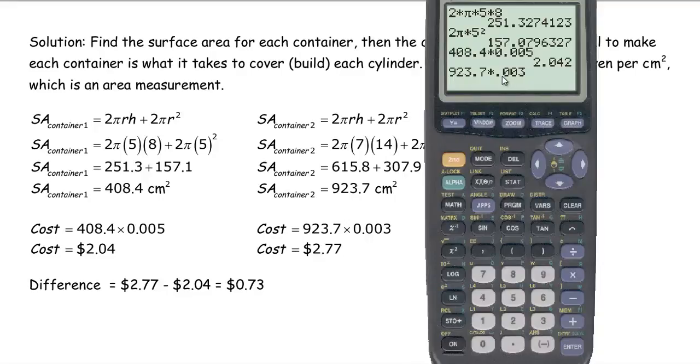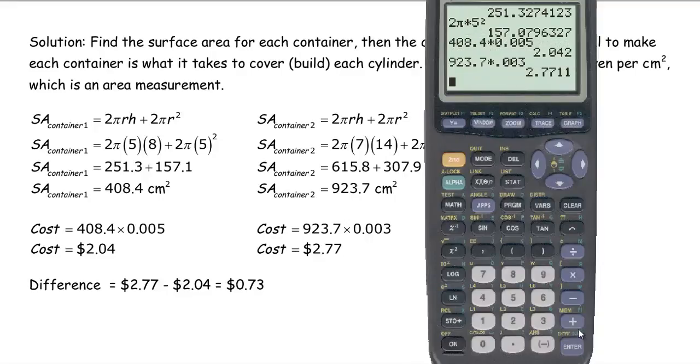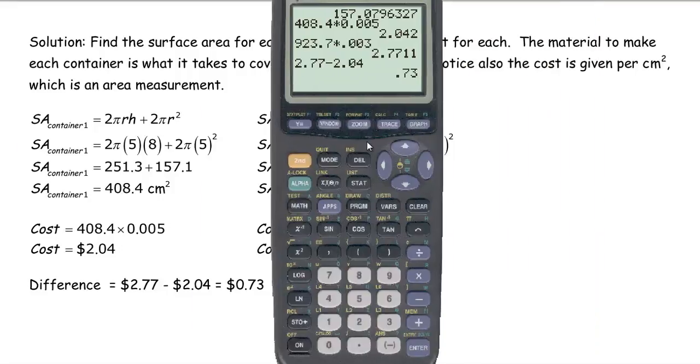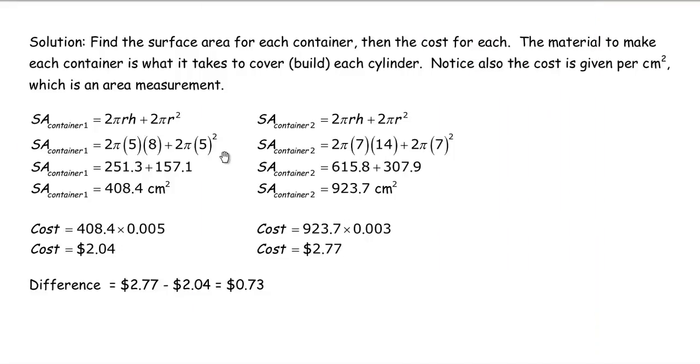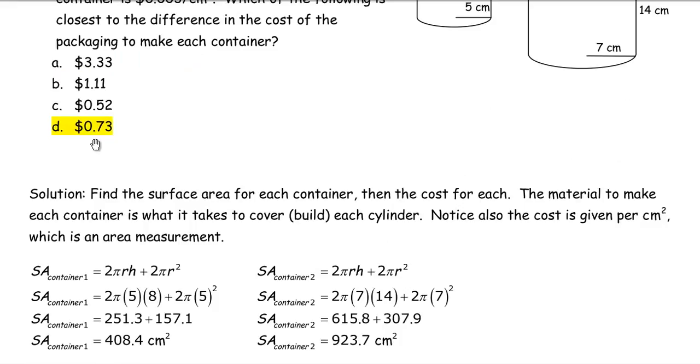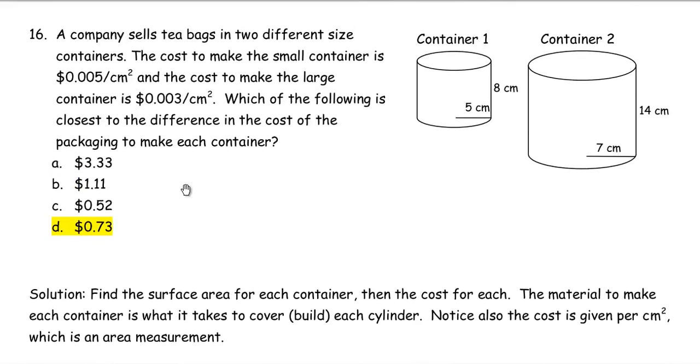I didn't put the 0 here, but that's not a big deal. So $2.77 for that one. And of course the difference, we're just subtracting them. $2.77 minus $2.04. So a difference of 73 cents, or $0.73. And so that is answer D for question number 16.